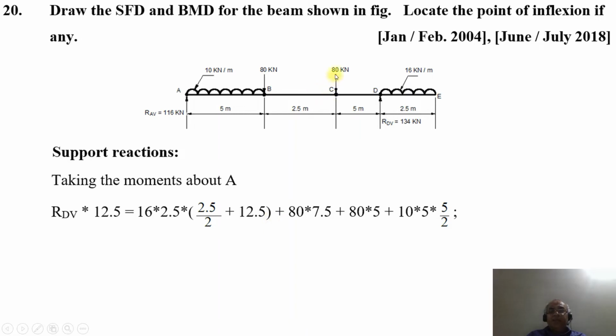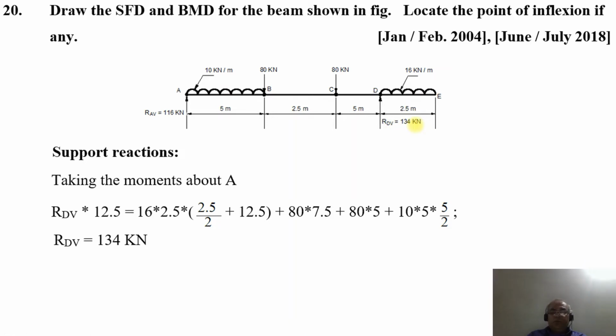Then plus 80 into 7.5, plus 80 into 5, plus 10 into 5 into 5 by 2. On simplification, you will get RDV equal to 134 kilonewton. Therefore, the vertical reaction at the support D will be equal to 134 kilonewton.